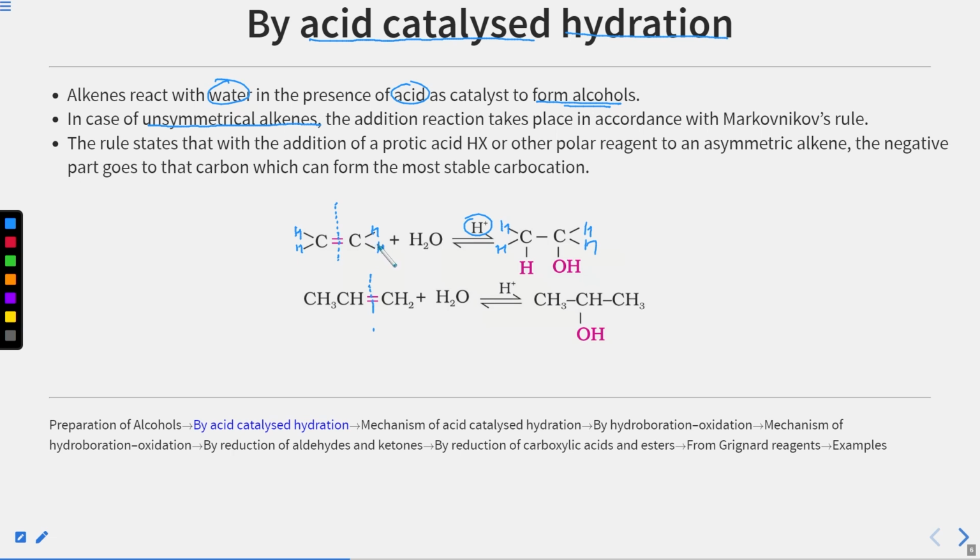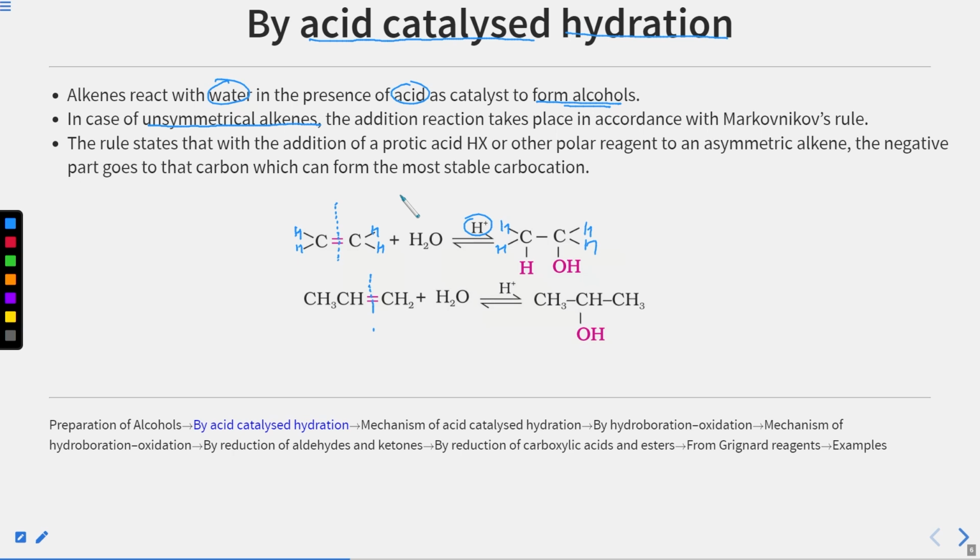Now what will happen if we take such an unsymmetrical alkene? For these cases, we have something called Markovnikov's rule. We used this earlier also when preparing halogen containing compounds using an alkene. There we added halo acids, that is HX, where X was chlorine, bromine, or iodine.